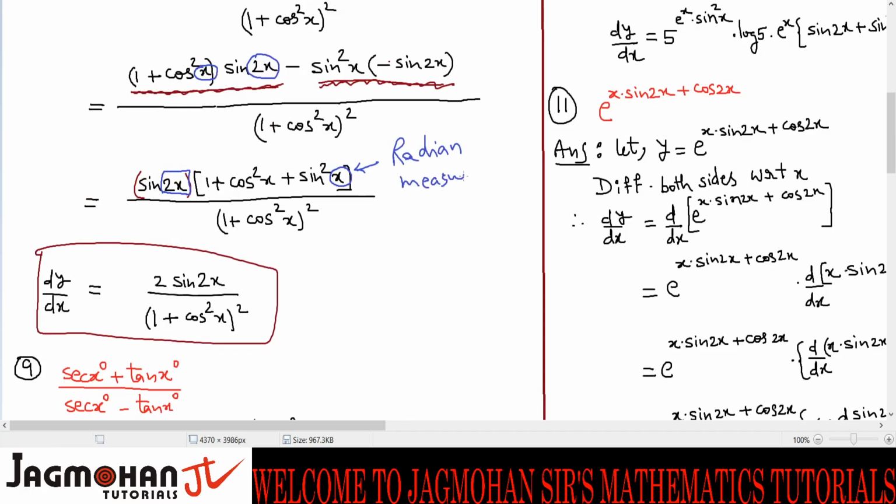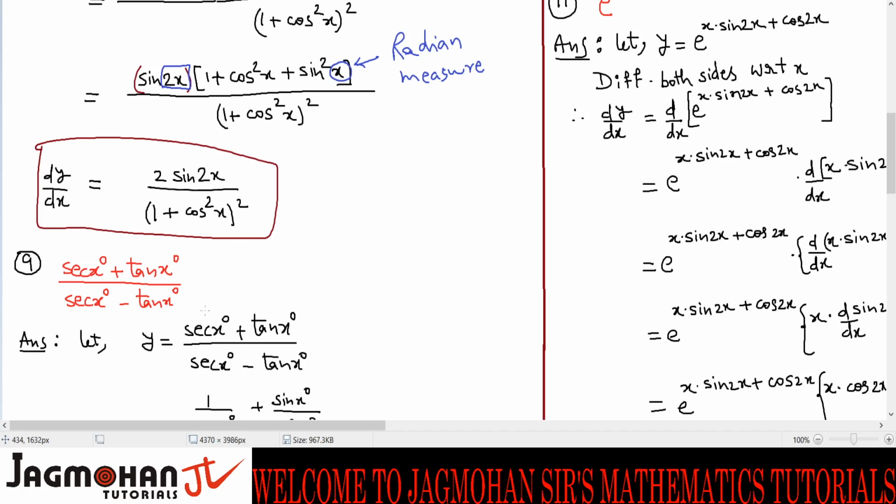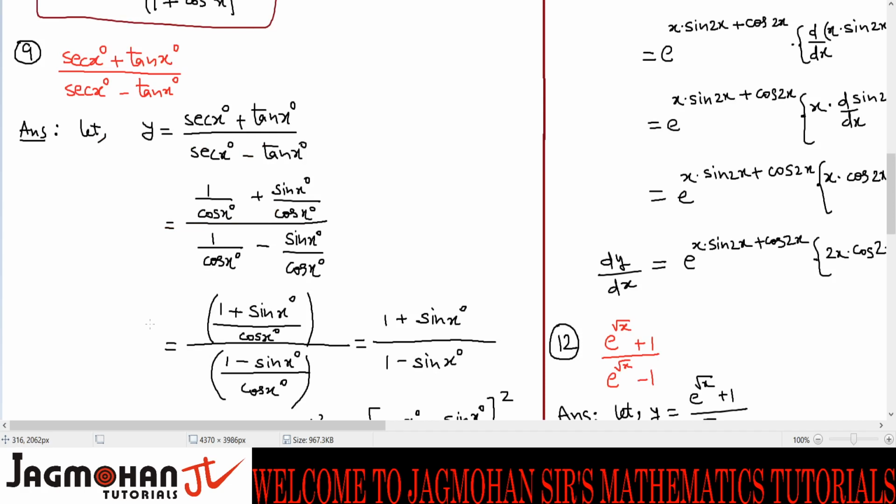But when you have the symbol of degree, then it is degree measure. So this symbol is given here because the angles are measured in degrees.